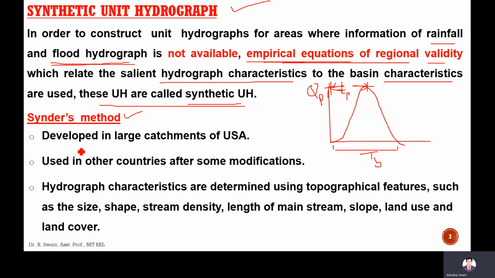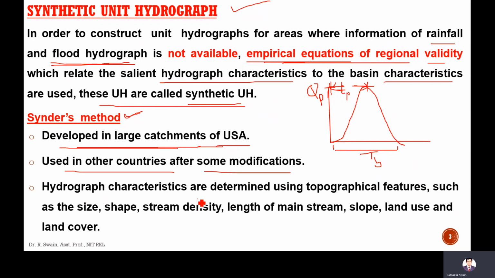It was developed in large catchments of the USA. It is specifically developed in the USA, but it can be used in other countries like India or in any other catchments, with some modifications.